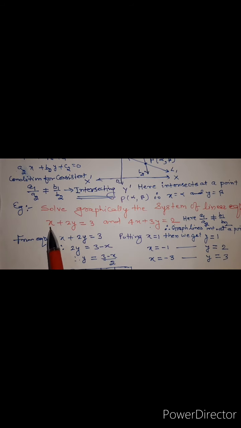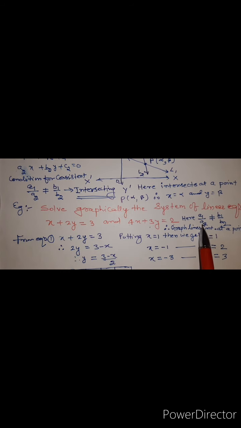Here student, we are observing that a1 by a2 not equal to b1 by b2, because here the coefficient of x is 1, here the coefficient of x is 4, so 1 by 4 will be here, not equal to 2 by 3. So graph line of these equation will intersect at a point.